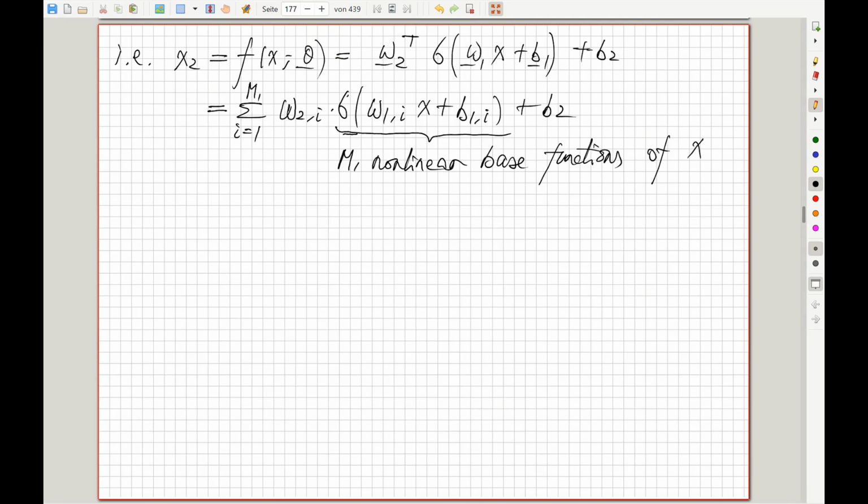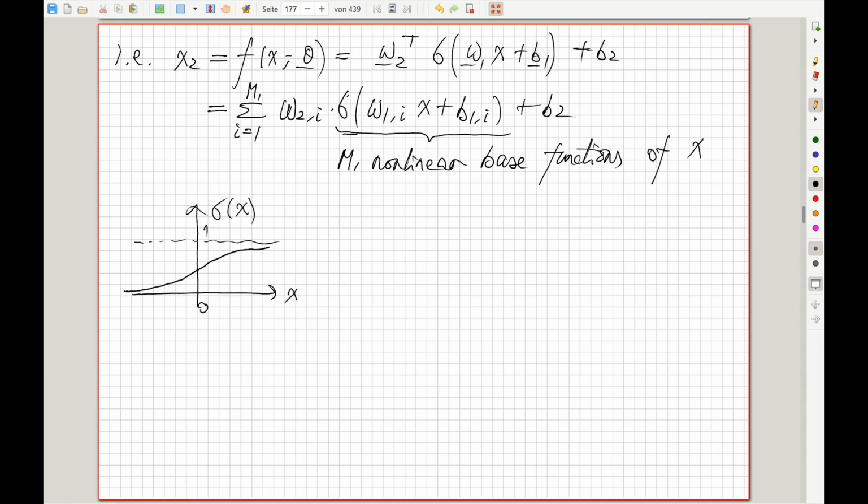So the output of the network can be written as a linear combination of a large number of nonlinear base functions. And the shape of the base function is, of course, determined by the sigma activation function. You know the sigma activation function goes between 0 and 1. We have a smooth increase from 0 to 1, symmetric around the point.